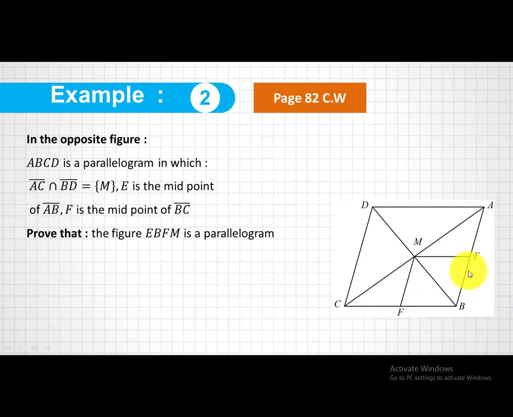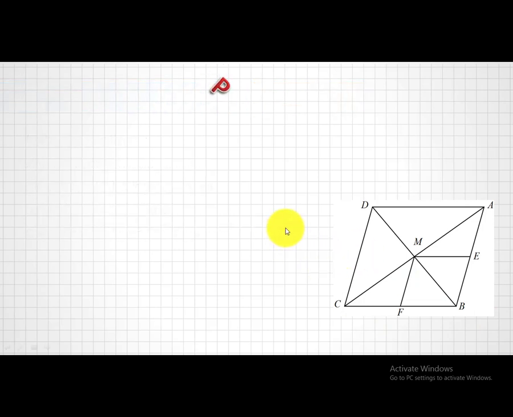To prove this figure is a parallelogram, I have many cases to prove this. Use any case you like: prove each two opposite sides are equal in length, prove each two opposite sides are parallel, or prove two opposite sides are equal in length and parallel, as you like. Let's start our proof.